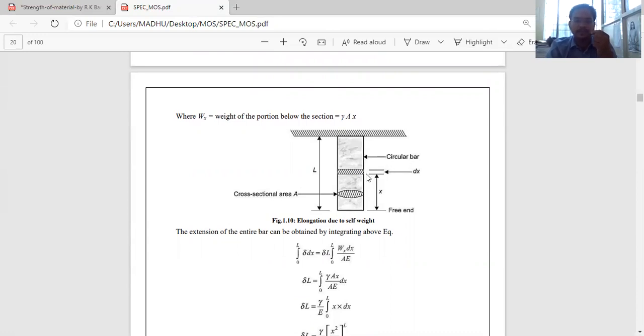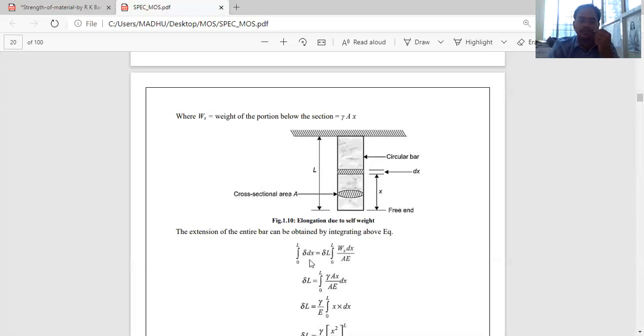Let us consider an element with thickness dx at a distance x from the free end, and the overall length is L. The limits are from 0 to L. Now from 0 to L, delta dx is given by delta L, integral 0 to L of Wx dx by A. What is delta? Delta is the change in length. dx is the element.